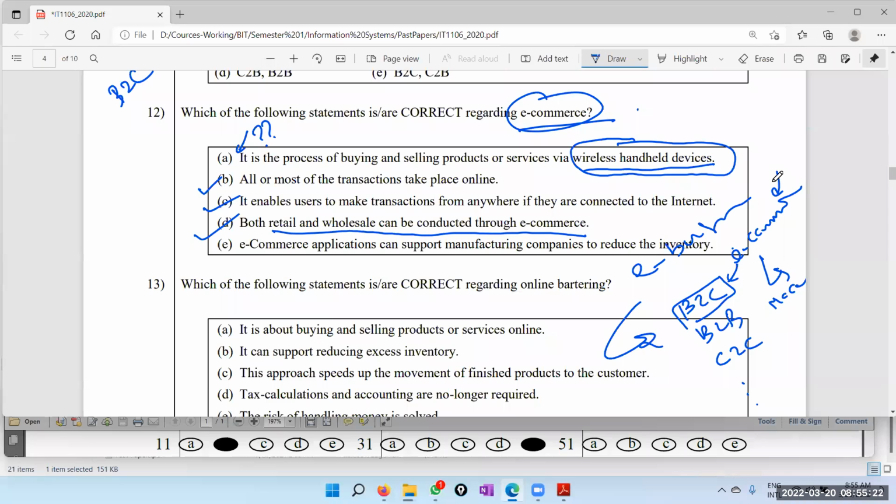That means the time your product remains in inventory, or basically your stores, is less, because you directly get the order and you directly send it, right? So I will say yes.